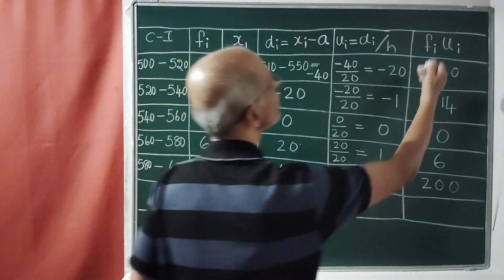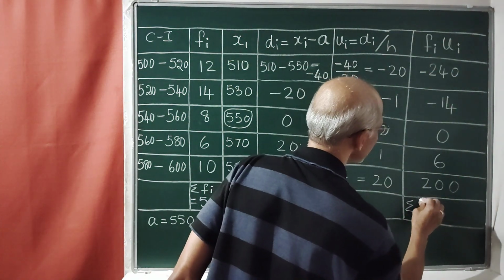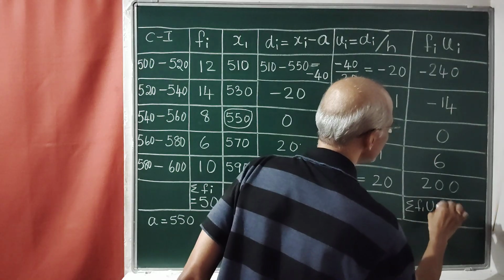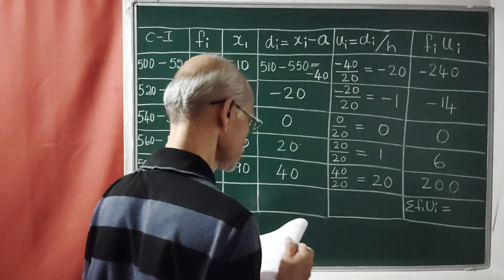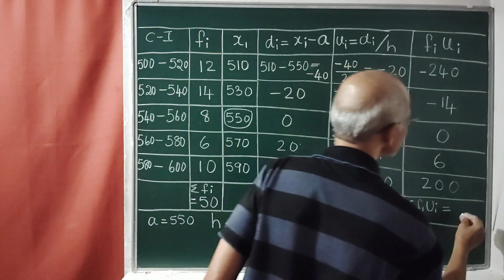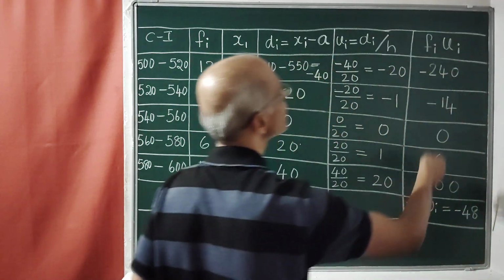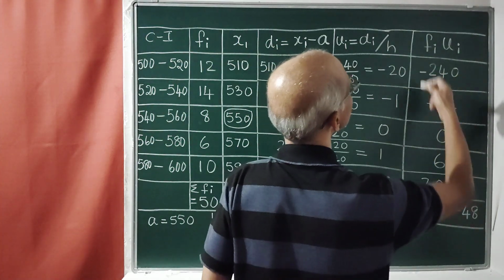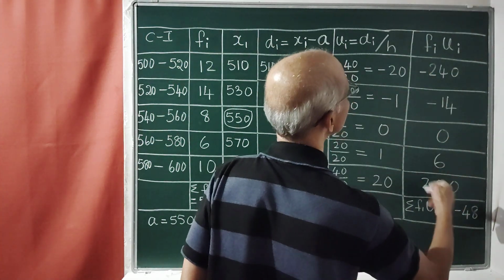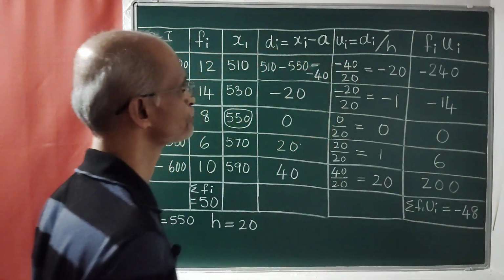Now we have to find out sigma fi ui. You would add all these and write it here. It is minus 12. How to add them? First you solve the minus parts, then solve the plus parts, then if you subtract them, you'll get minus 12.